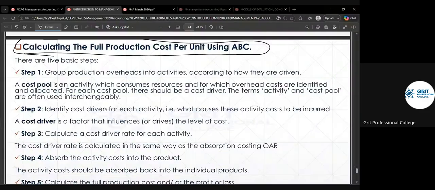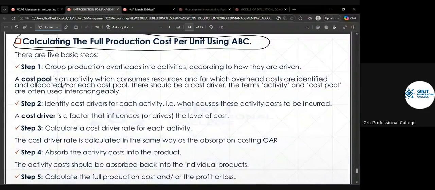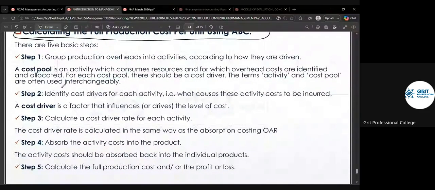All right. So first of all, you will need to group your overheads, and we said we are going to do that not based on department, but based on the activities. They will spell out what the activities of the company's operations are. So first of all, we need to determine the cost pools. The examiner will make it very simple for you and tell you what they are.